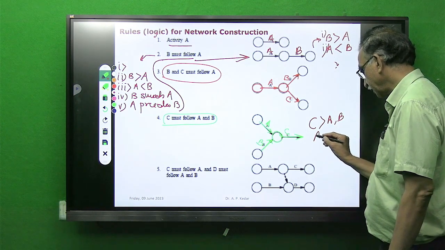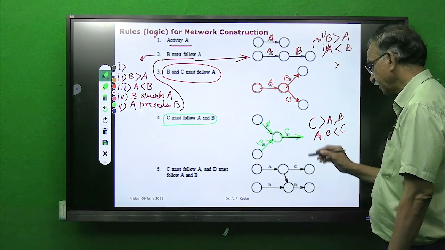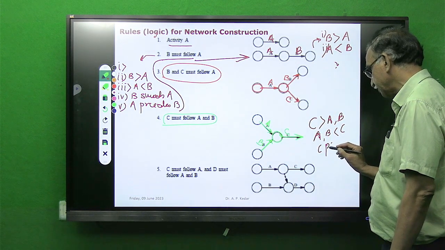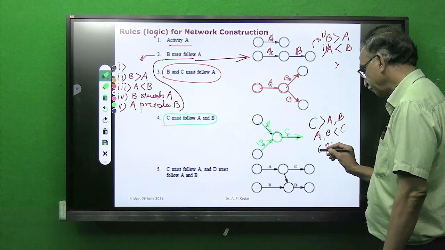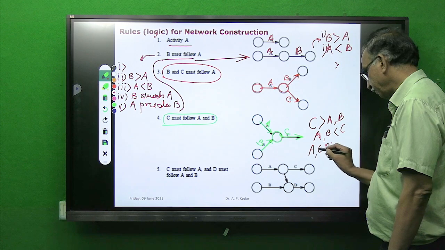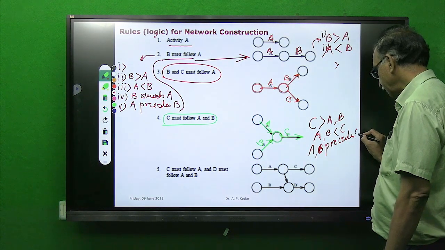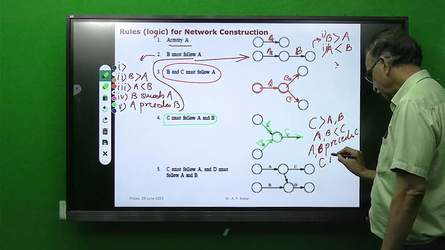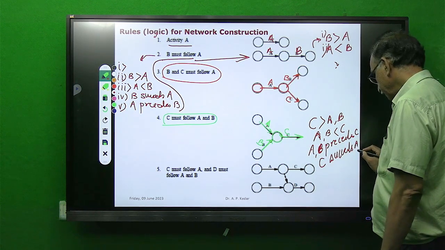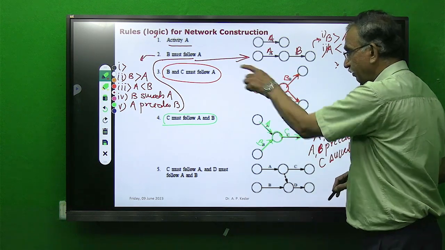The other is A and B less than C. Or C succeeds A and B. If I want to write in the form of preceding, I have to write A, B precedes C. Again, the same thing in five ways.